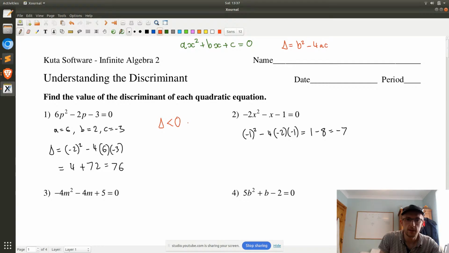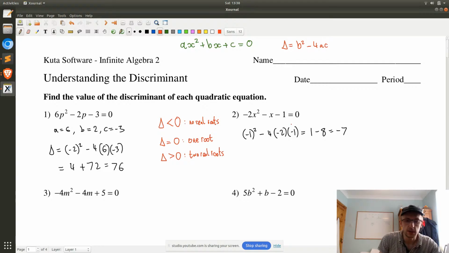Well, if it's less than 0, then the quadratic equation has no real roots. And if it's equal to 0, it has exactly one root, often called the root or a repeating root. And if it's greater than 0, then it has two real roots.